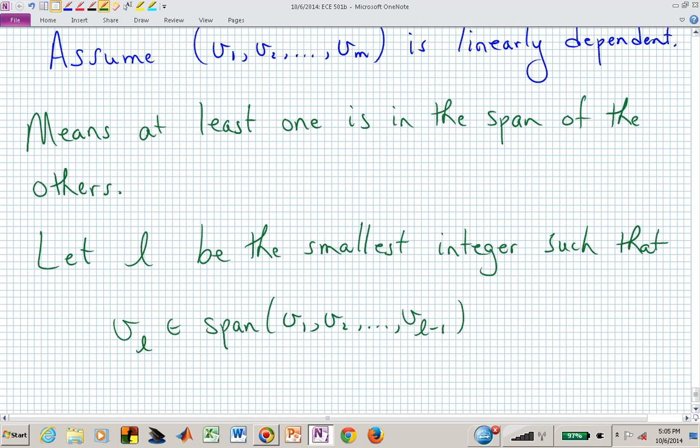And it's not. Then we say, let's look at vector 2. That's not in the span of v1. v3 is not in the span of v1 and v2. We finally get up to L, and it's now dependent on the previous L minus 1 vectors. That's all that we're saying. And L is the smallest integer where that's true. And maybe it's 2 or 3. Let's make it 5. Okay, so now it's 5 if I need to refer to it.